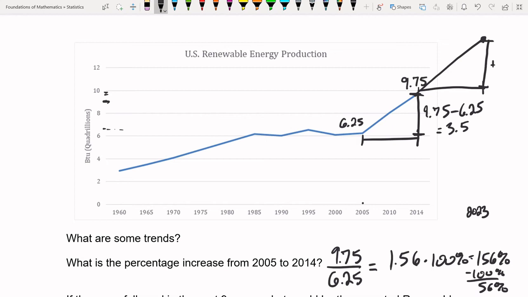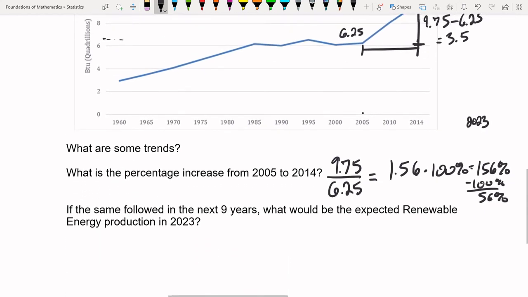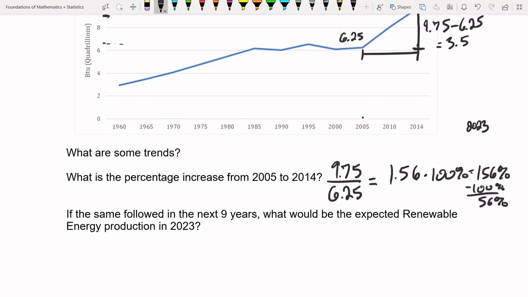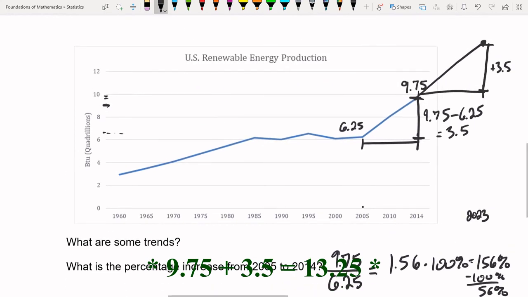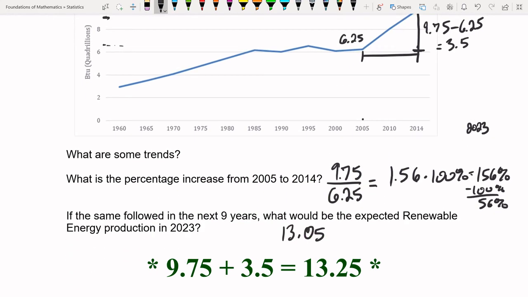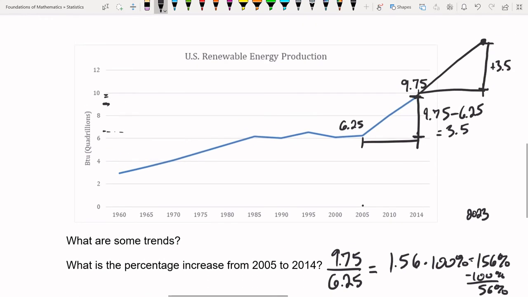We're going to add on an additional 3.5. So 9.75 plus 3.5, that gives us 13.25, 13.05 quadrillion BTUs. I'll just say 13.05. That's what the expected number here should be.